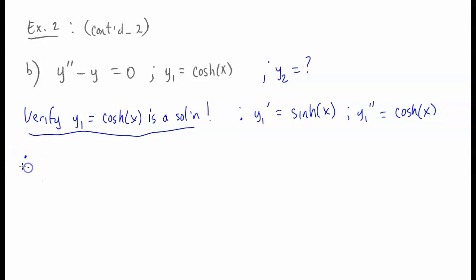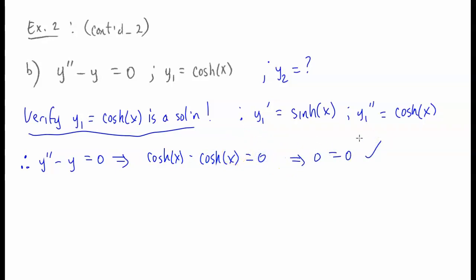So it's pretty easy at this point, I know that the second derivative is the same as the original function. So if I have this subtracted from itself, of course, that's going to be equal to 0, and it's verified.